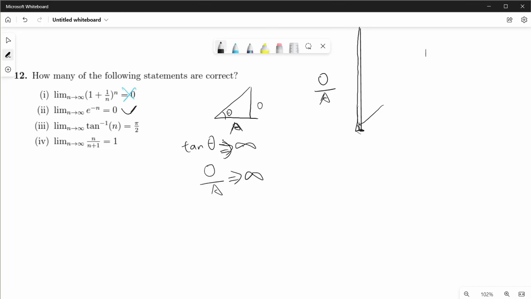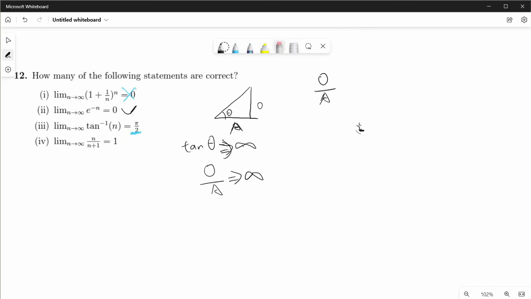The opposite and the hypotenuse basically combine into one, whereas this blue line here, the opposite line, is infinitely big. That's how you get infinity. And then this angle in between will approach 90, which is pi over 2.